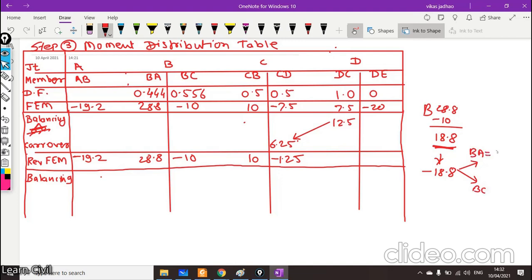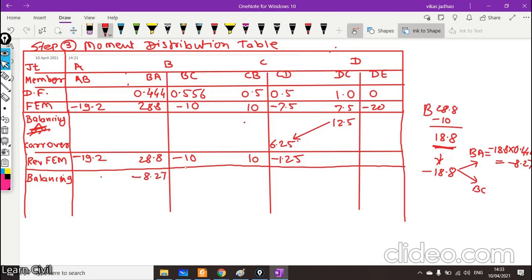So BA will be sharing out of this minus 18.8 into distribution factor of BA. Distribution factor of BA is 0.444. So multiplying, this will be equal to minus 8.27. So write down here minus 8.27.